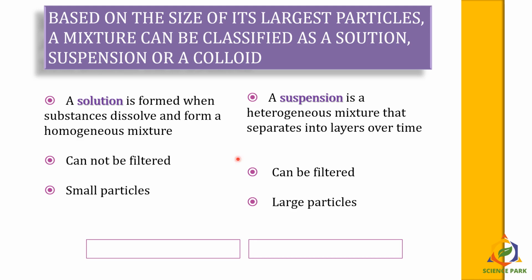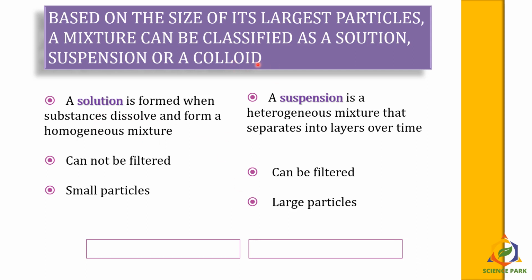Whereas a suspension is always a heterogeneous mixture, and it can separate into layers over a period of time. So a suspension can be filtered, and the particles of the solute which are dispersed in the solvent are very large.